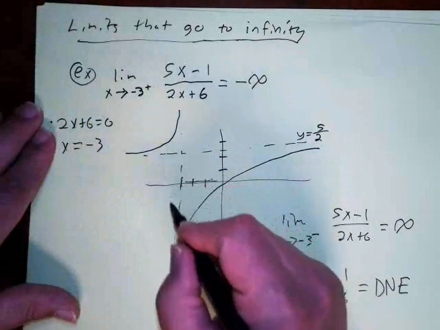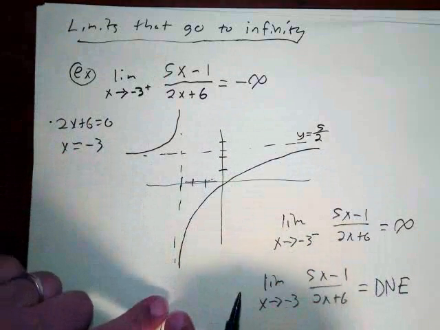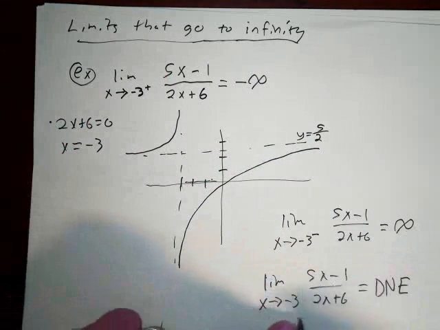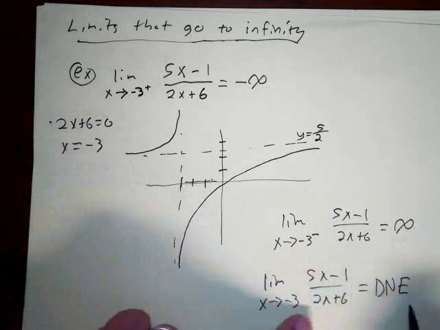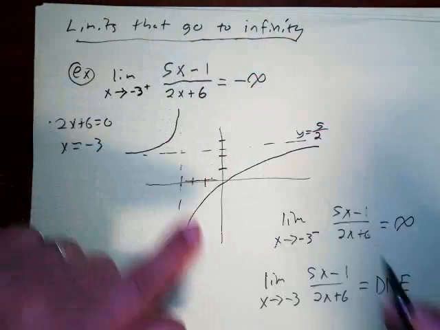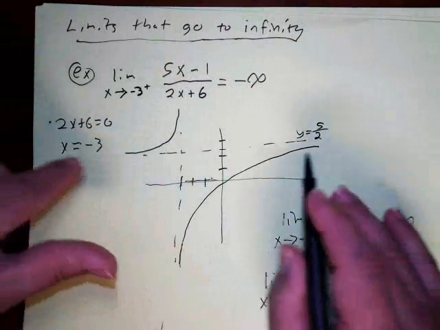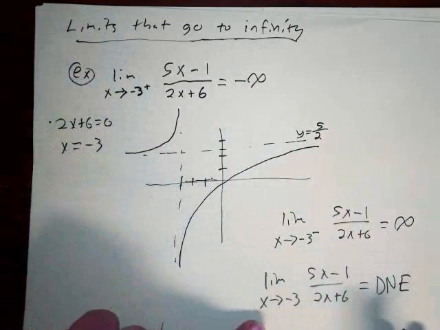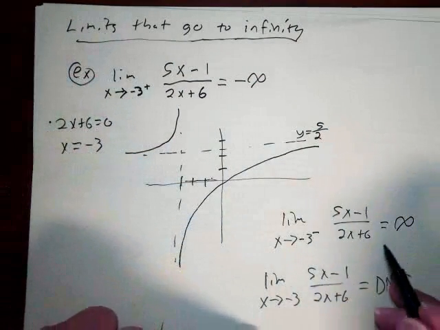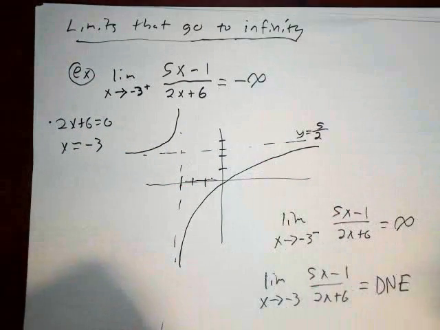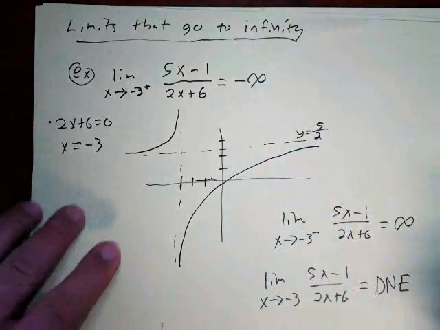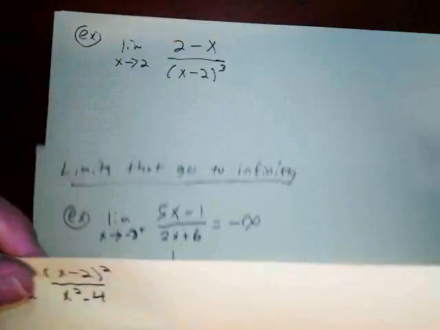There are rational functions where both sides would go down like this, and in that case we would say the limit was -infinity, or if they both went up like this, we would say the regular limit was positive infinity. But if they go in two different directions, the regular limit does not exist, but the one-sided limits would be -infinity and infinity.